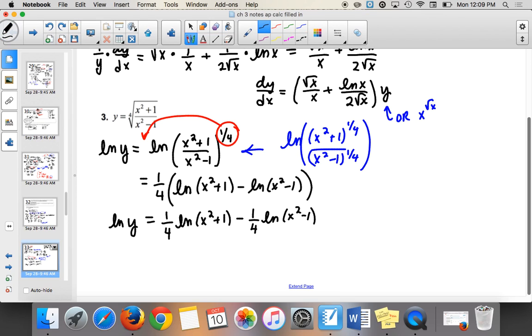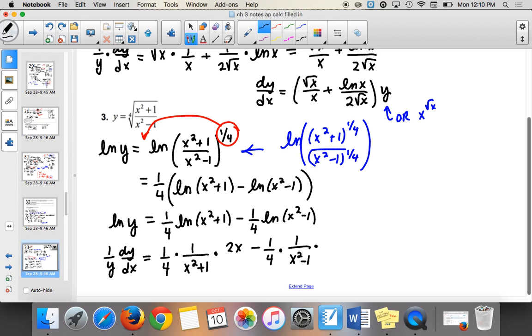All right, now we take the derivative. So we're going to get 1 over y dy over dx equals 1 over 4 times 1 over x squared plus 1 times the chain, 2x, minus 1 over 4 times 1 over x squared minus 1 times the chain, 2x.